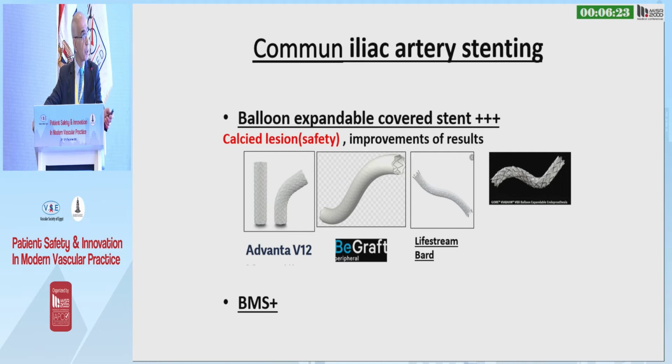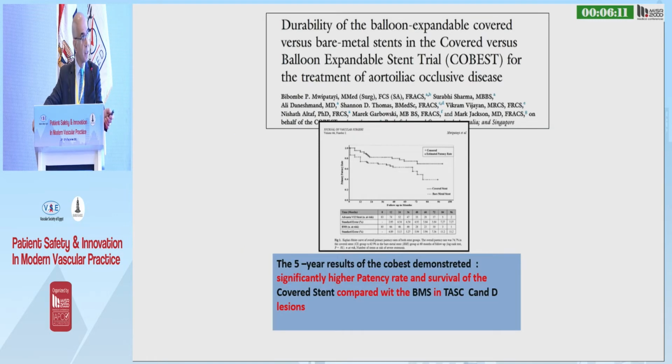Which stent for the common iliac artery, balloon expandable covered stent or bare metal stent? Our preference is the balloon expandable covered stent in this area. The COBEST study shows 5-year results with significantly higher patency rate and survival for covered stent in complex lesions.